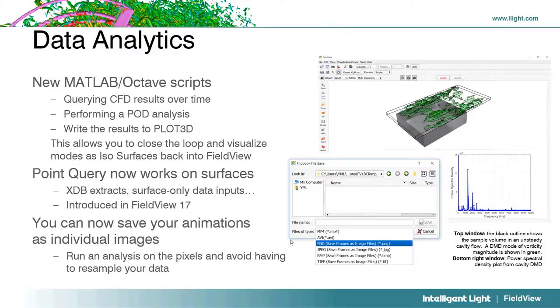In addition to AVI and MP4, you can also now save them as individual images. So in addition to it being very desirable if you want to work on your animations outside of FieldView, they are great for being able to do analysis on the images.